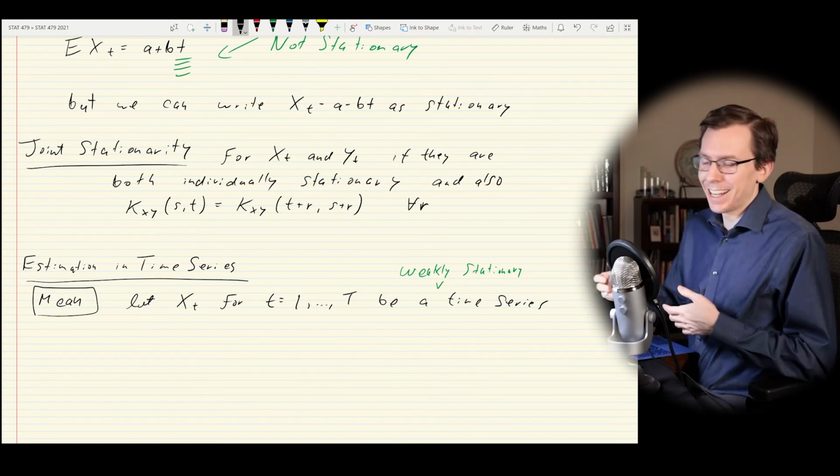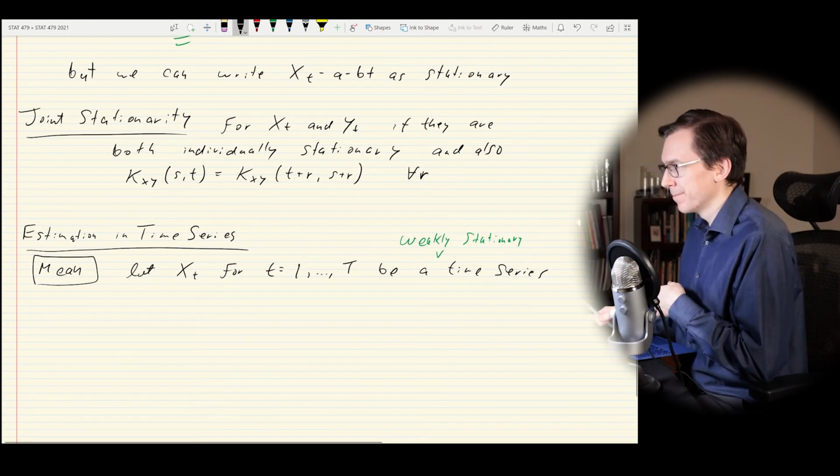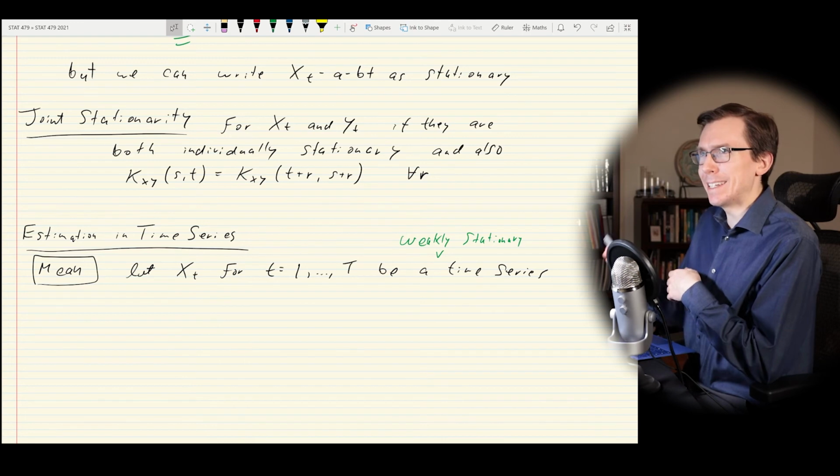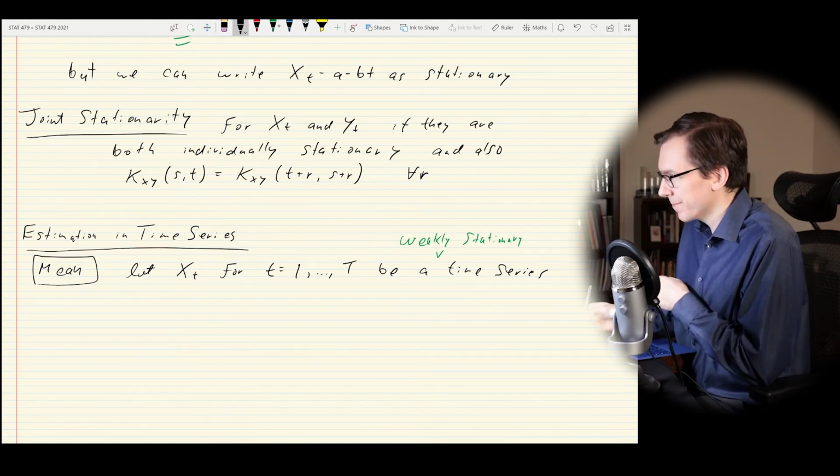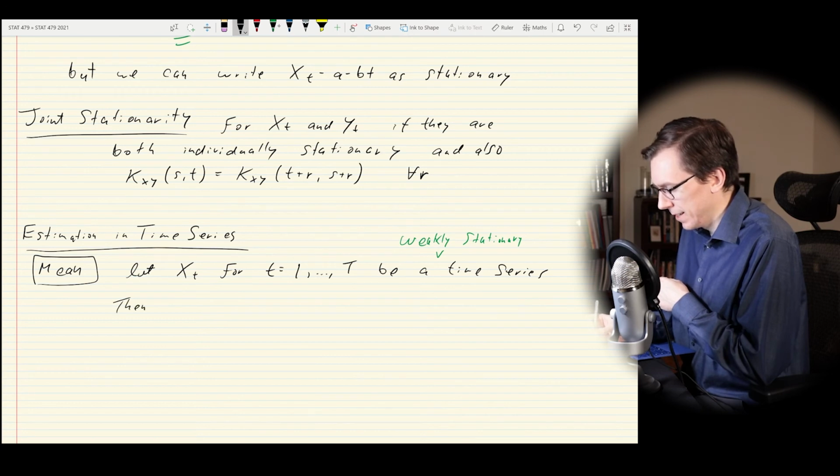Otherwise, it's not going to get us what we want. Again, we need the mean to be the same at every point so that we can actually estimate it. Then the expected value of x_t is just going to be mu.